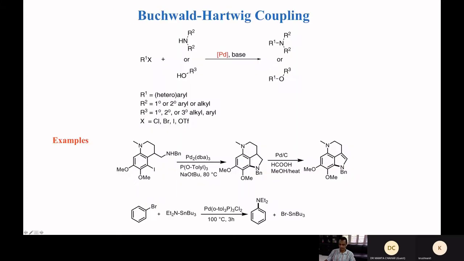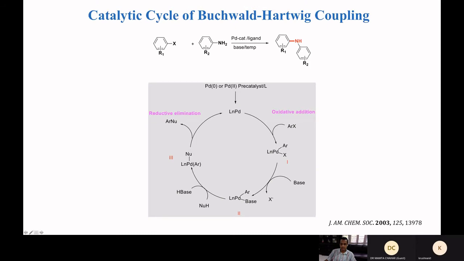So what happens with the starting material? The starting material, that is aryl halide, undergoes oxidative addition with palladium 0. Palladium is in 0 oxidation state to give you a palladium 2 plus aryl halide oxidative addition intermediate.